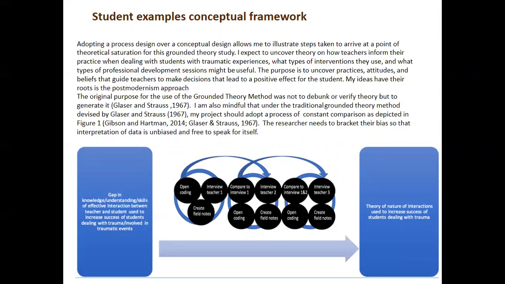Then take all of that knowledge moving into interview 3 and again creating field notes, conducting open coding, and comparing interview 3 with interview 1 and 2 to find those themes. This process in grounded theory is called constant comparison. So this is a process conceptual framework.